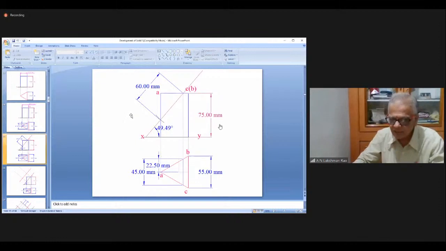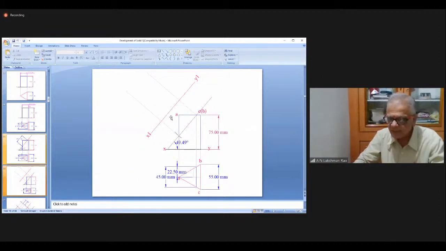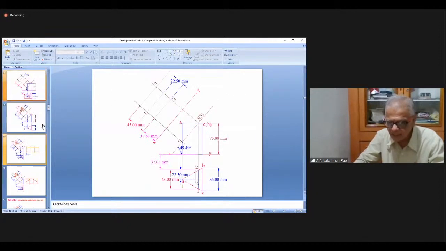What do you do? Draw one more reference line here. From XY, measure the distances, mark from X1, Y1. X1, Y1 is the new reference line. This distance you measure from XY, mark here. This distance is 37.63. 37.63 is 2. So 2 is here, 37.63. Where is 3? From here it is 45. From here you mark 45. Where is A?